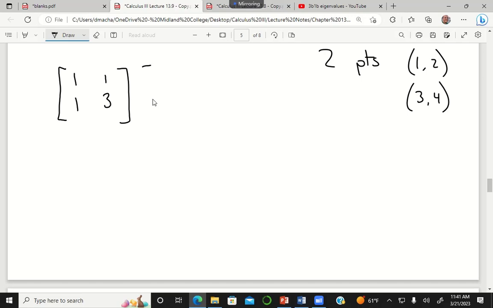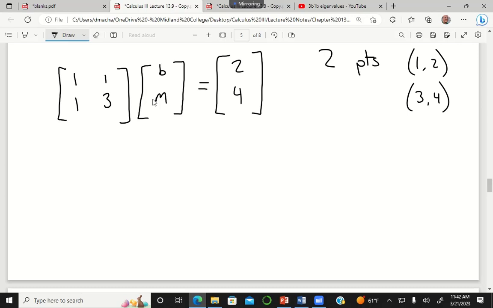Then we multiply that matrix times a vector that contains my y-intercept and my slope. And I expect the product of this matrix vector multiplication to be 2, 4, because those are my y-coordinates.